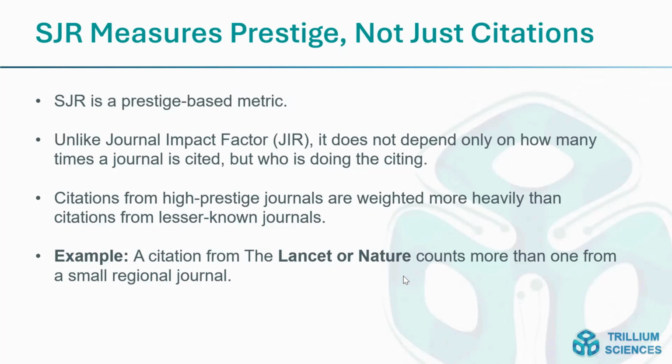Unlike journal impact factor, it does not only depend on how many times this journal was cited, but who is doing the citing. So citations from high prestige journals are weighted more heavily than citations from lesser known journals. If a specific journal is cited by The Lancet or Nature several times, this counts more than citations from smaller or regional journals.